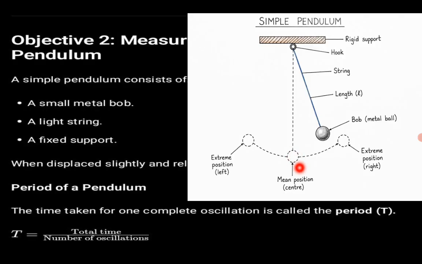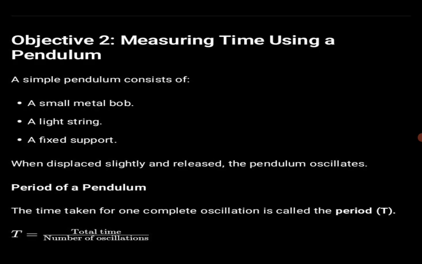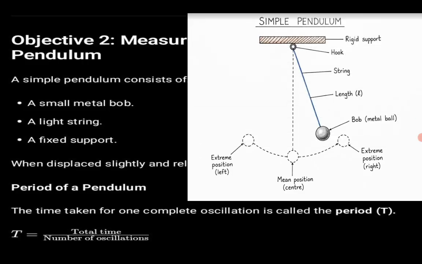So this position is called the mean position, also known as the equilibrium position. So when you displace it slightly and release it, it is going to oscillate. So you push this, that's this side, and release it, it's going to oscillate.